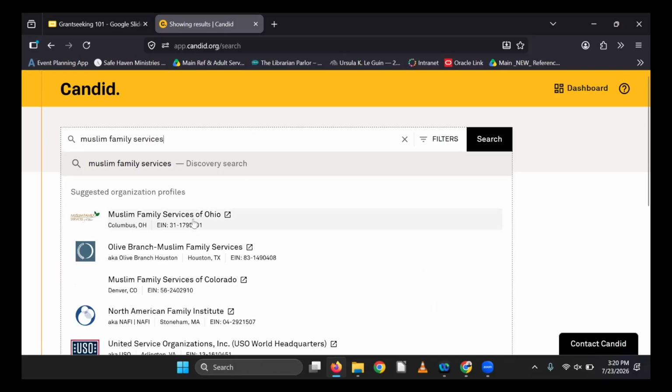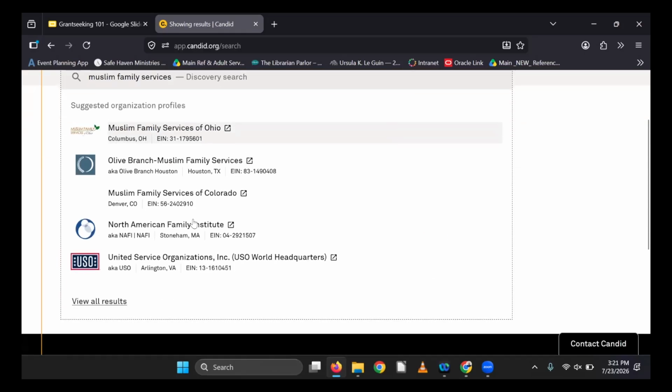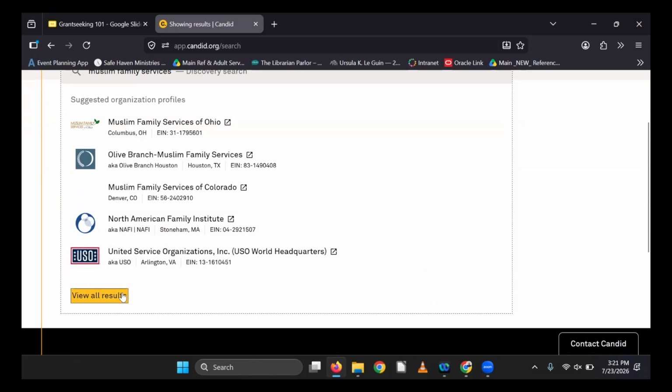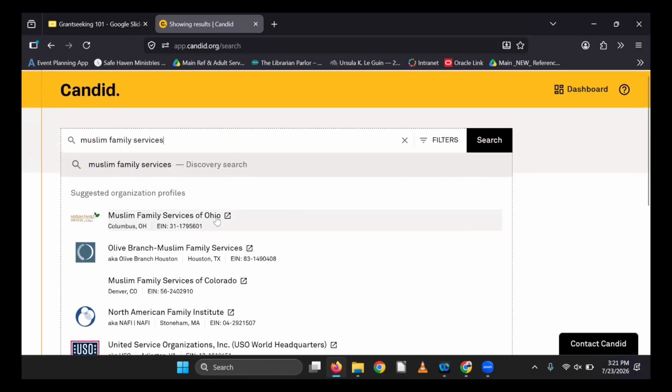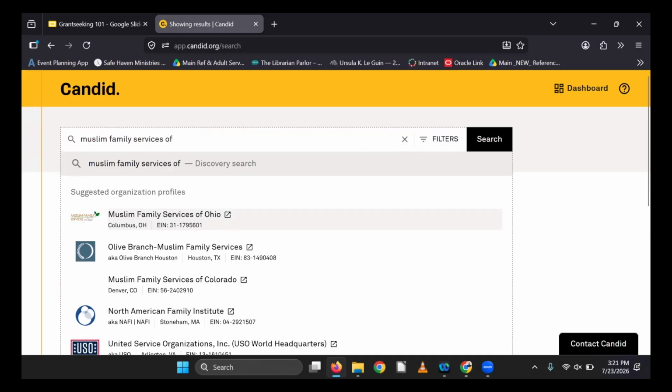Is that Muslim Family Services? Oh, so it's particular states? Yeah, they have different chapters throughout. There's a national chapter and then the state chapters.